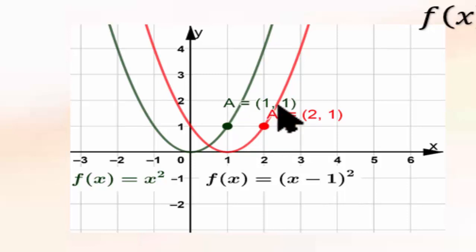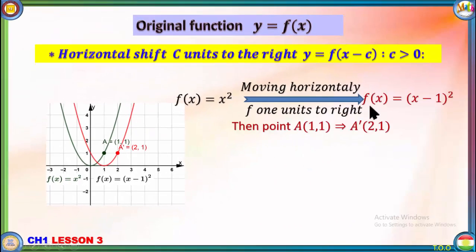A is (1, 1), A dash is (2, 1). That means we added 1 unit to the x.